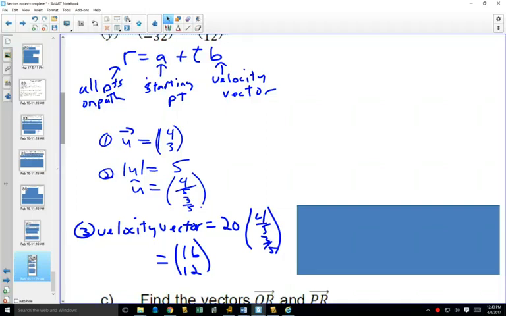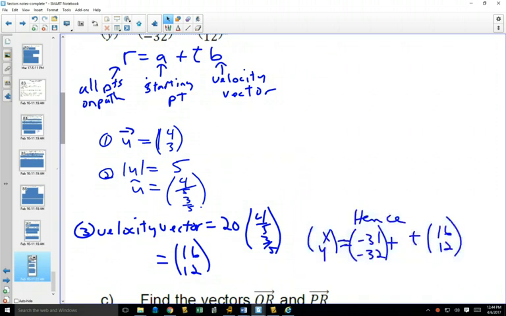And so what you've done is you've shown that the velocity vector has to be 16, 12, rather than using the 16, 12 to show that it works. And then once you've got your 16, 12 and your starting point, you can say, therefore, my equation must be negative 31, negative 32 plus t, 16, 12.